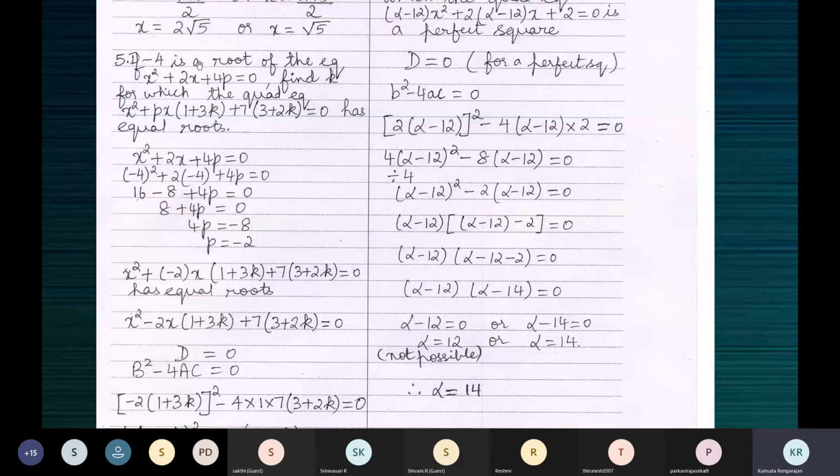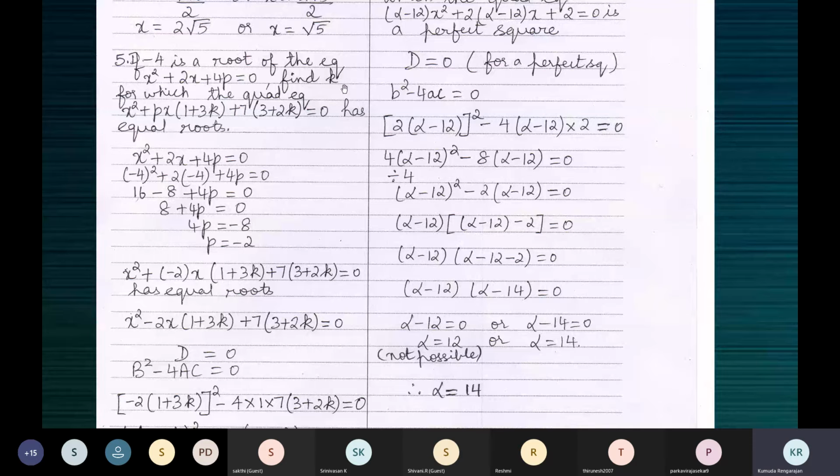That is what we can get from the first information here. If it's a root, it will satisfy the equation, and that way you can find the value of p.